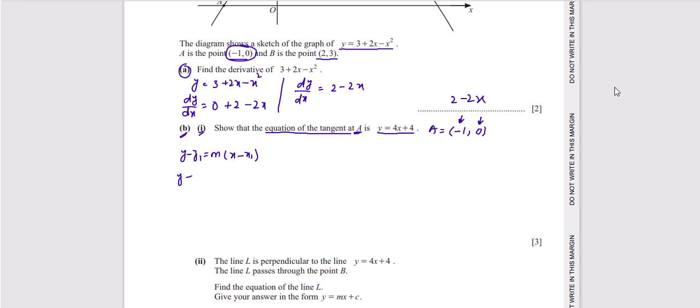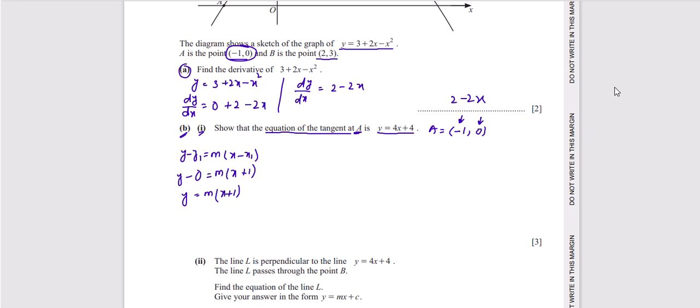So y1 is equal to 0, is equal to m into x minus x1. x1 is -1, so -1 plus 1, that is equal to 1. So y is equal to m into x plus 1.